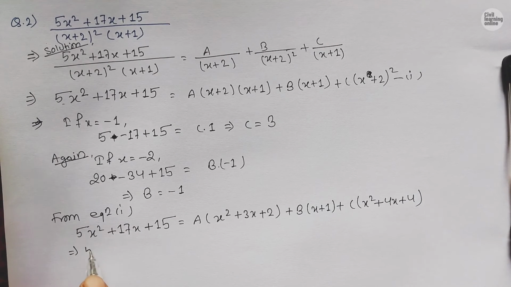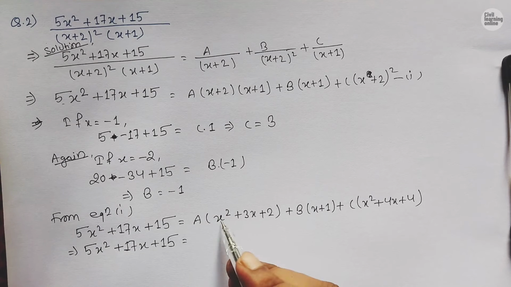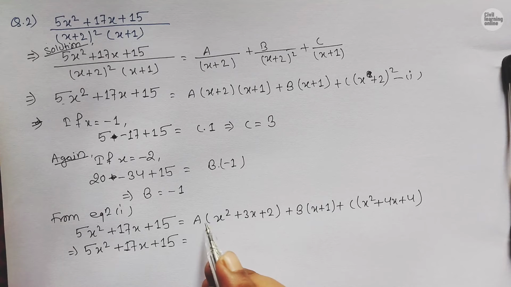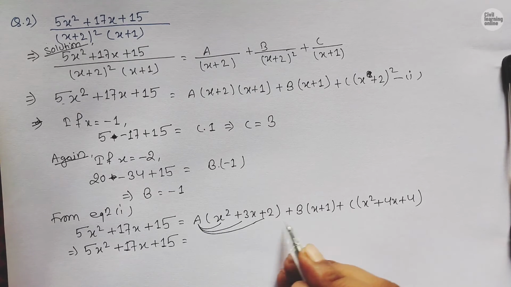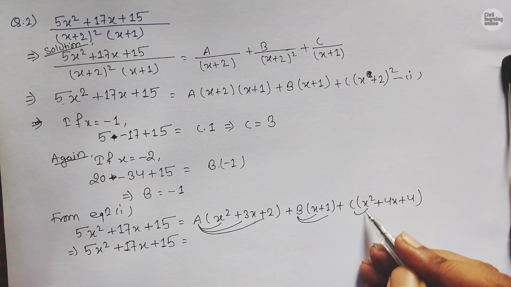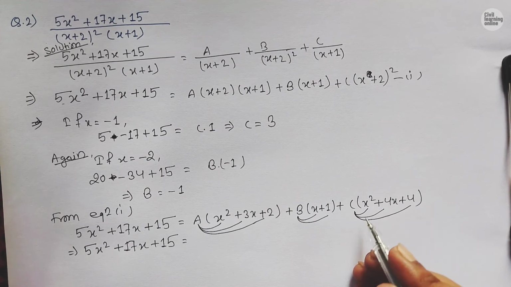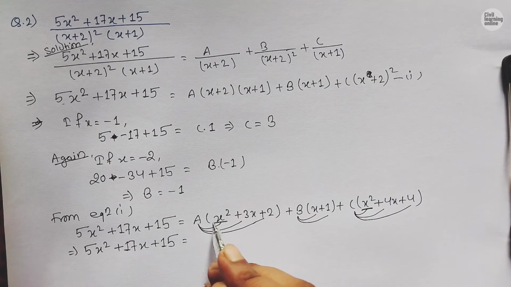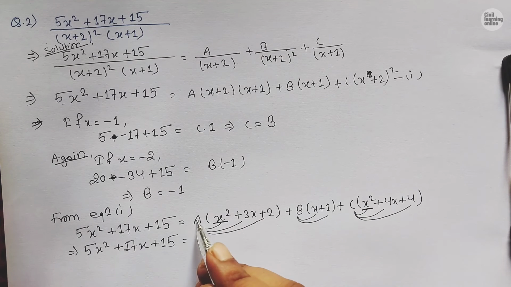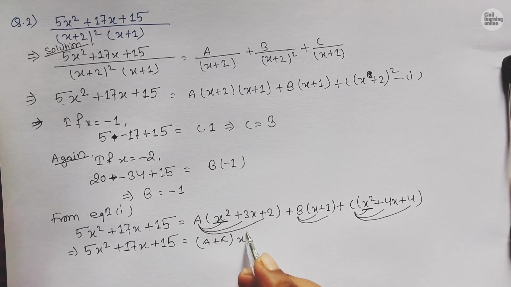Now 5x squared plus 17x plus 15 equals to, now do the comparison once again. This a will multiply all the terms, b will multiply both of these, and c will multiply this. So if we talk about the coefficient of x squared, we can see x squared here and here, so the coefficient of x squared is a plus c, so a plus c times x squared.